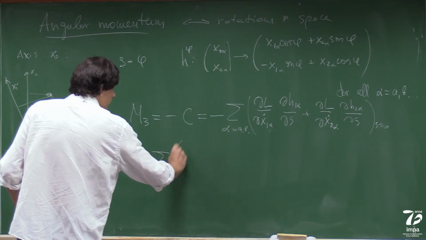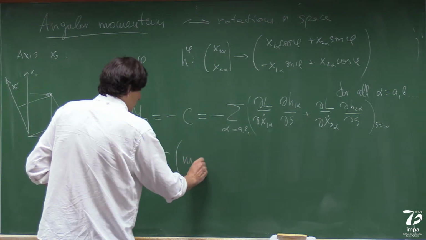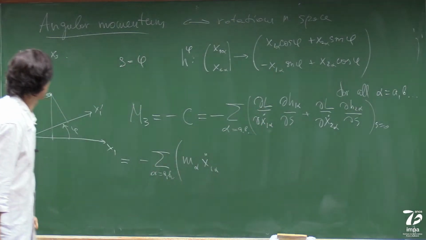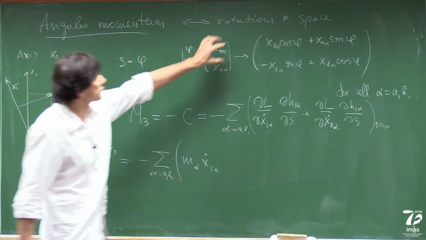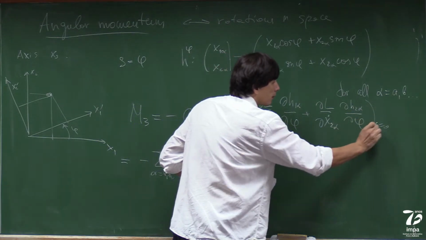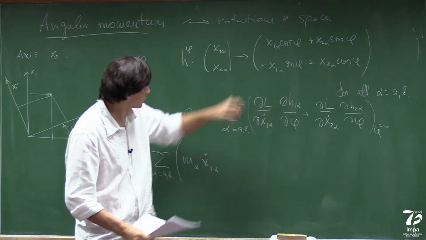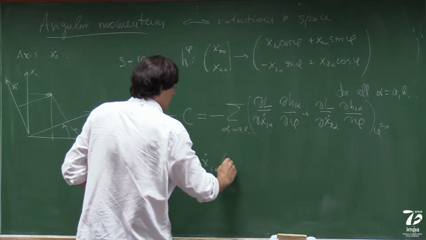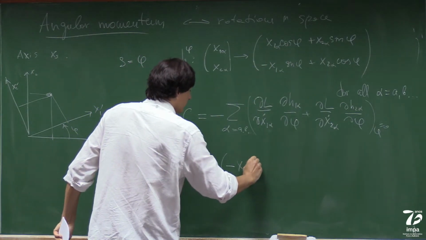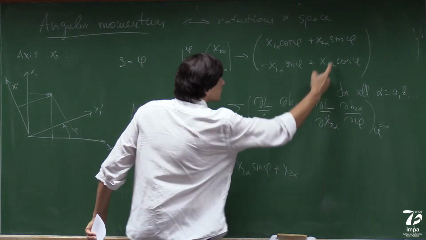So this is minus the sum over the same thing. Now remember that dL over dx alpha dot is mass times velocity. And this derivative we have to compute, with respect to s, and our s is psi. So this is the derivative with respect to psi of this expression. Let's just compute it. The derivative of cosine will be minus sine, so it's minus x1 alpha sine plus x2 alpha cosine.